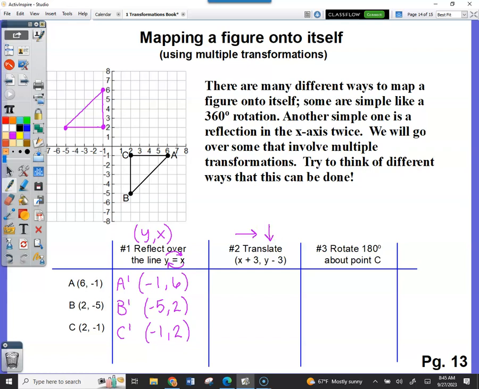You could do this by either just taking the triangle and counting, or you could take these numbers and plug them in. -1 plus 3, 6 minus 3. It's up to you. Some people like to go to the graph first and then count it. Some people like to do the algebra. You do whichever fits you.